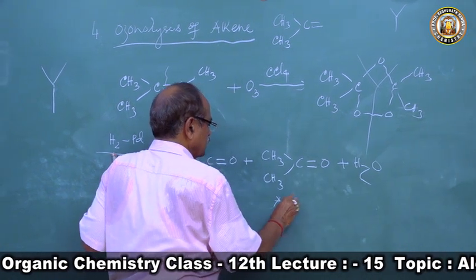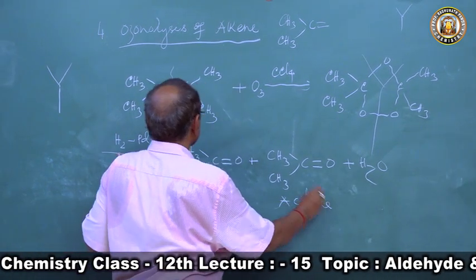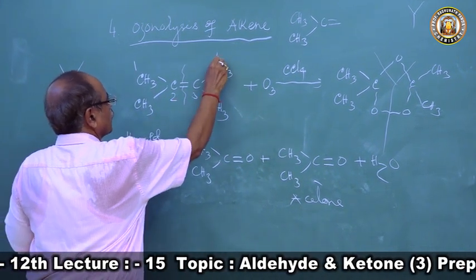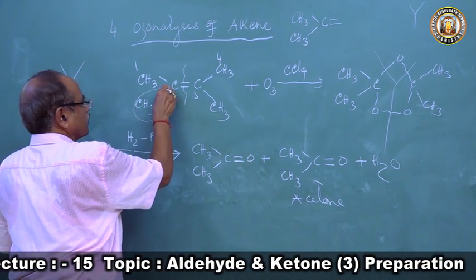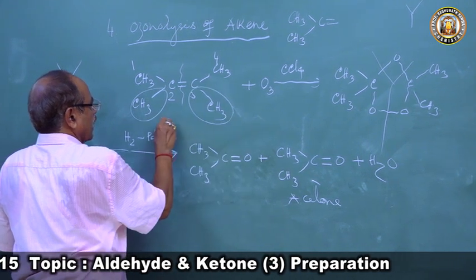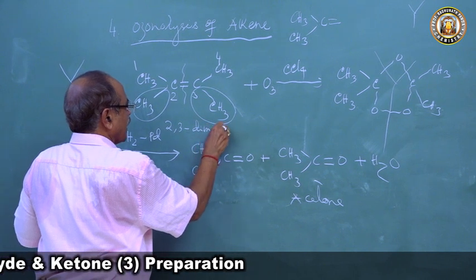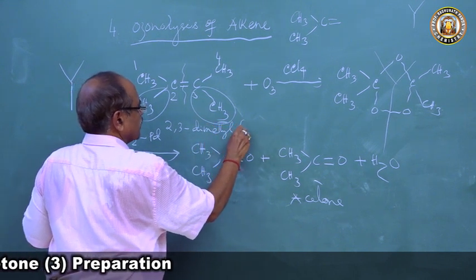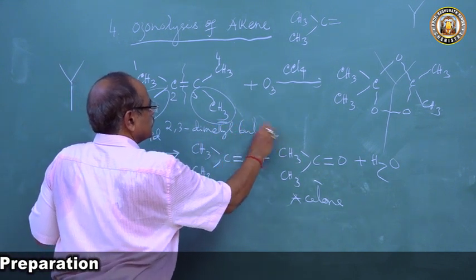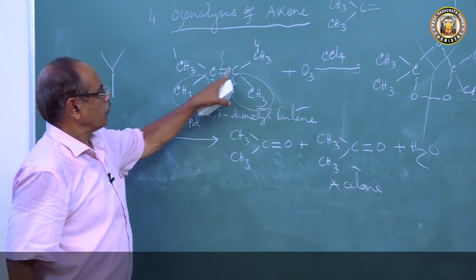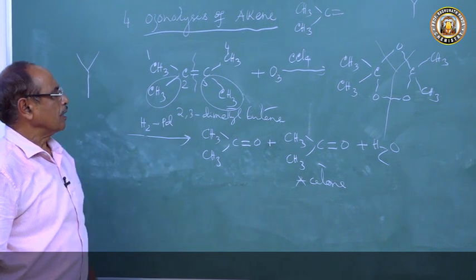So we got acetone, and the alkene is numbered 1, 2, 3, 4. At the 2 carbon atom there is a methyl, and at the 3 carbon atom a methyl, so it is 2,3-dimethylbutene. We take 2,3-dimethylbutene.